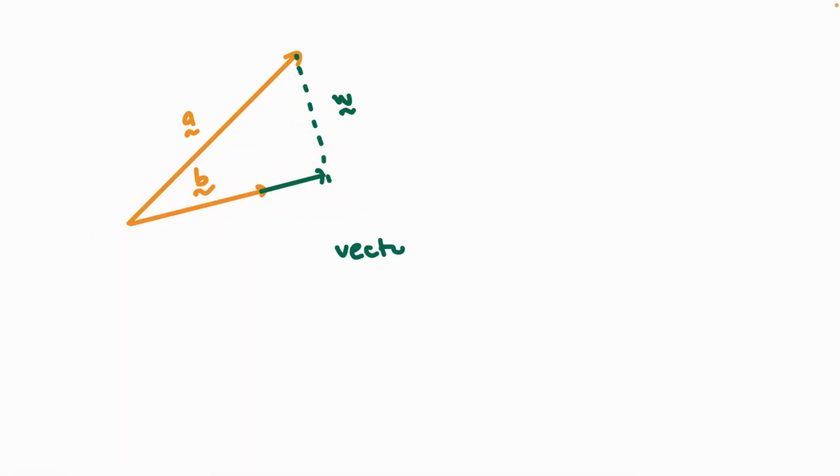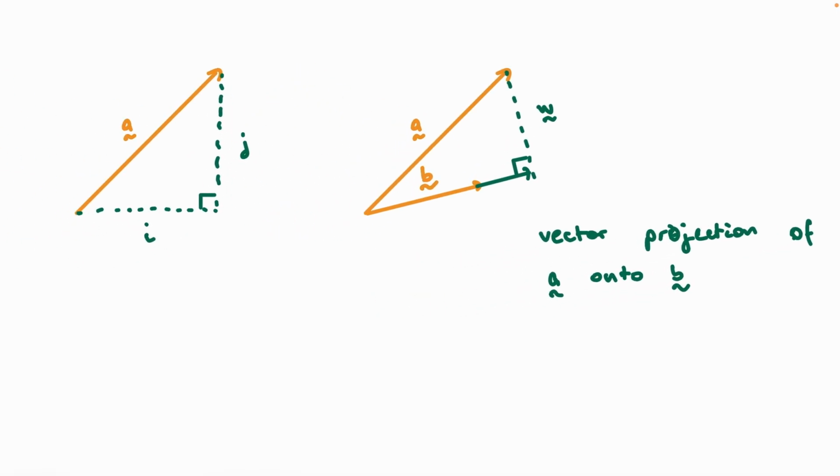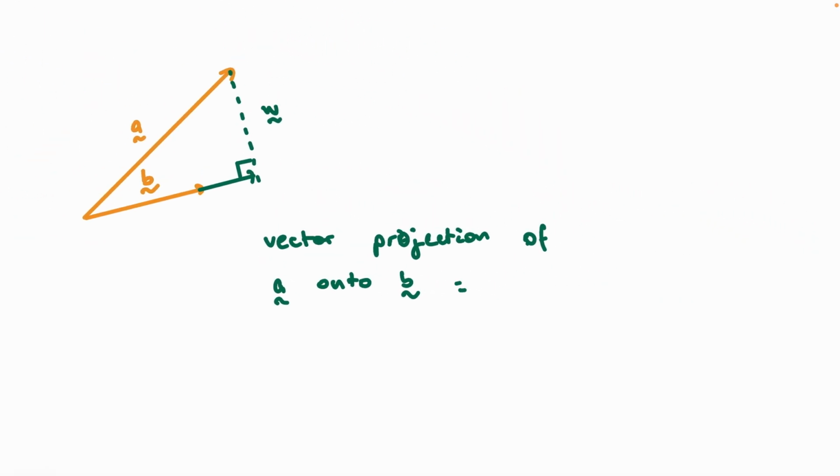So in this case, the vector projection of A onto B, because we're taking this vector A and trying to write it as a component of B. We can still see that both these vectors are perpendicular to each other, same as the original example, just in this one it's not horizontal, it's in the direction of B. To work this out, all we have to do is take vector A dot producted with vector B, divided by vector B dot producted with itself.